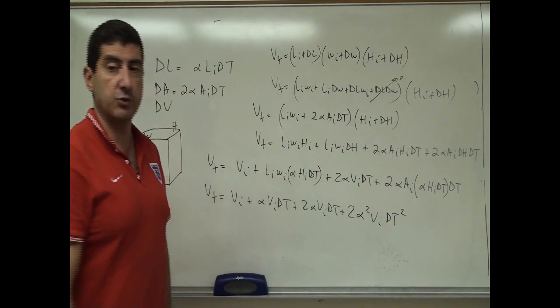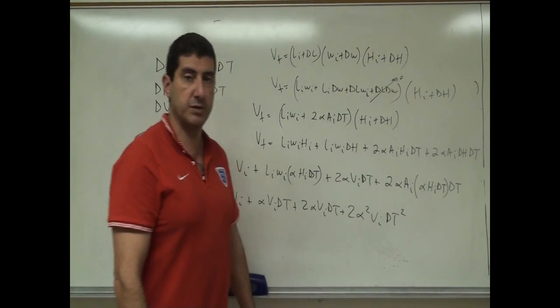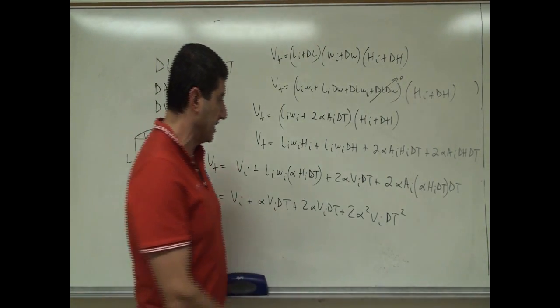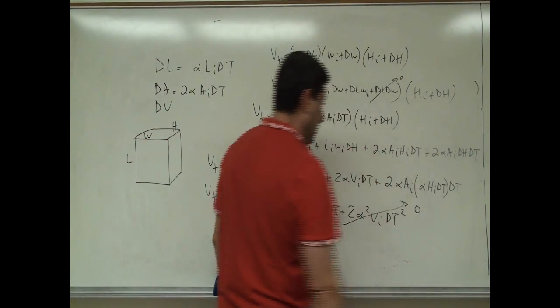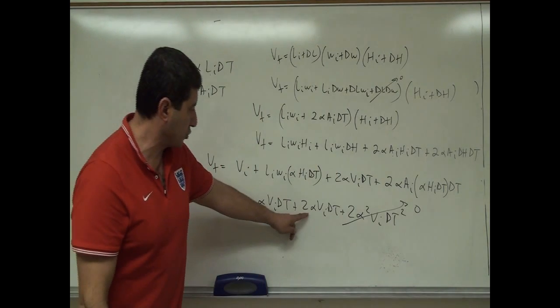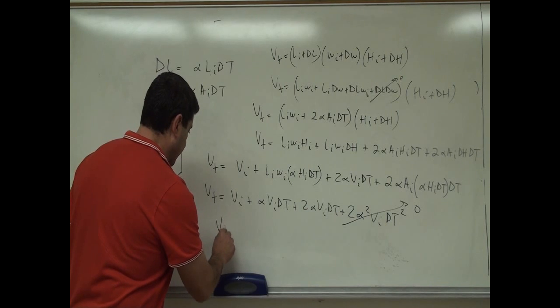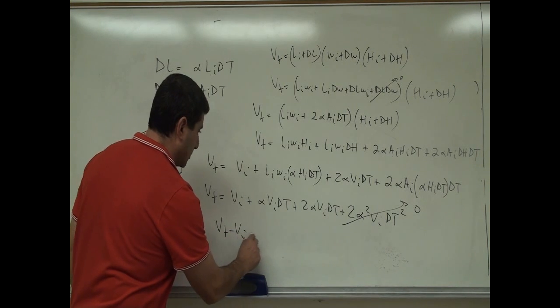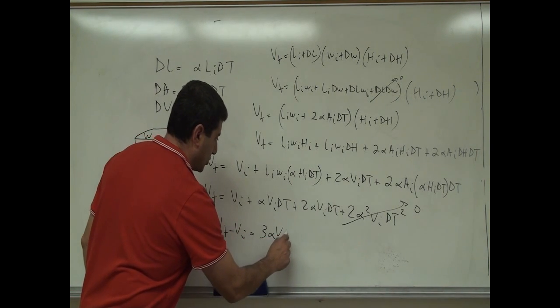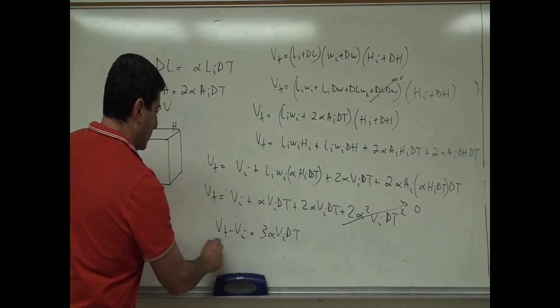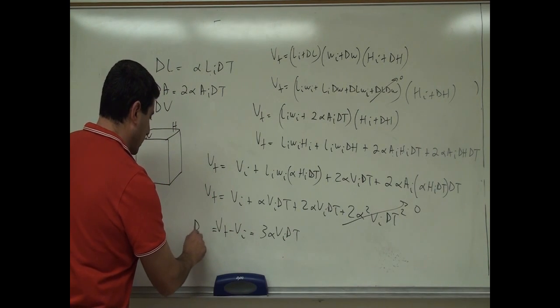Well, for the same reason as before, alpha squared is going to be much smaller than any of the alphas, and then we can also cancel this and make it 0. So then we have 2 alpha V initial and another alpha V initial. So V final minus V initial is equal to 3 alpha V initial delta T, and V final minus V initial is equal to delta V.